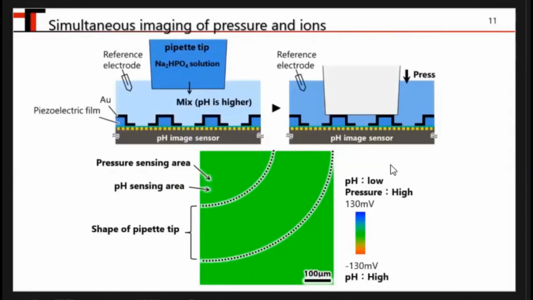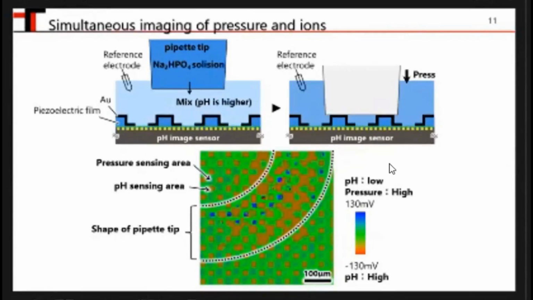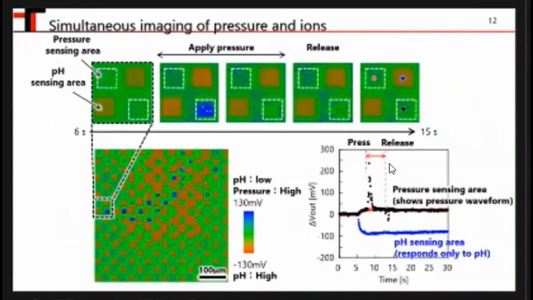This is the result. First, the output of the pH sensing area changes in the direction of higher pH, and then the output of the pressure sensing area changes. Here we show an enlargement of the video, and the output of each sensing area is shown in the graph.